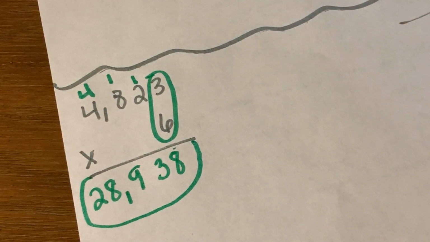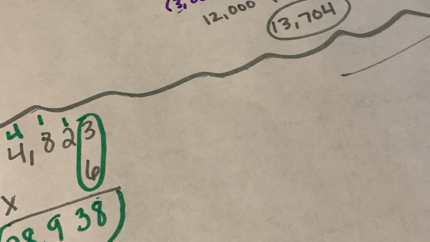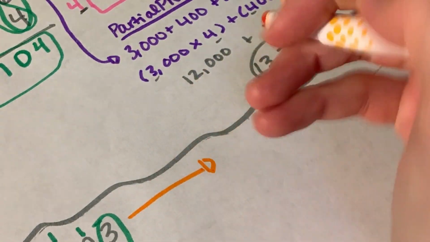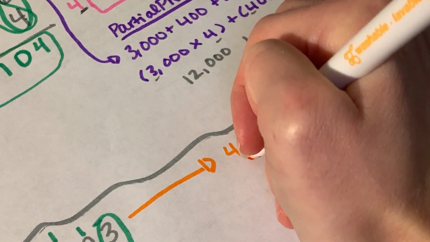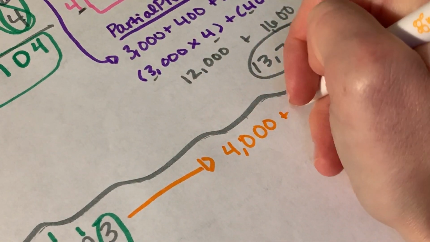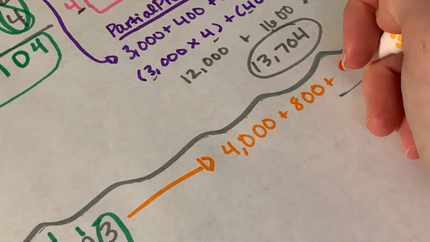28,938. Okay, I'm gonna go ahead and do a little bit of a combo of area model and partial product, so I'm kind of gonna solve it both ways. To do it both ways, I need to divide this into expanded form.